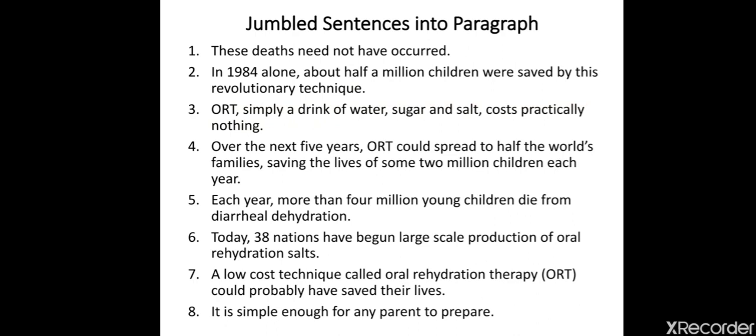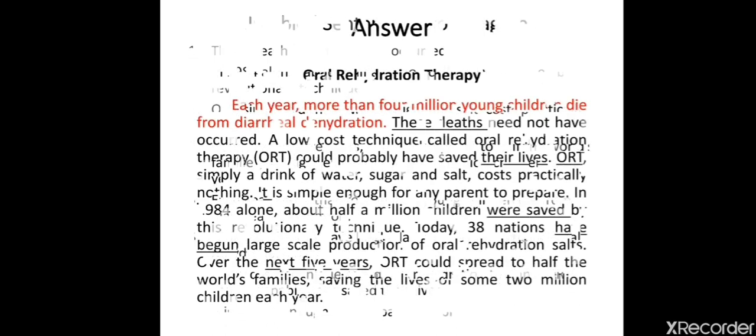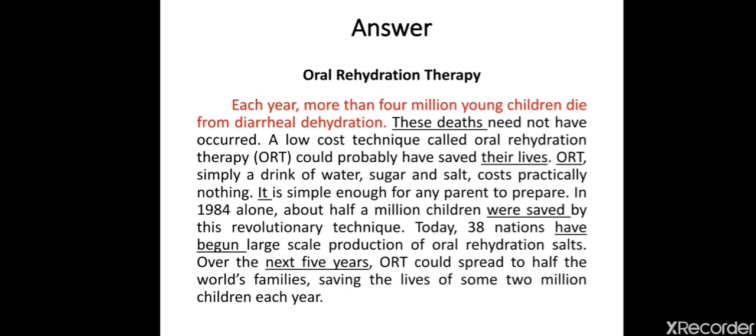The remaining sentences are about the death of people from diarrheal dehydration. So the first sentence is the topic sentence, which states a fact. It is a statement, it is a fact. Then the remaining sentences follow. To connect the topic sentence to the second sentence, they use some adjectives, some ideas.